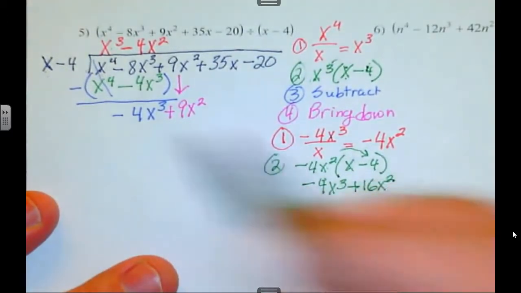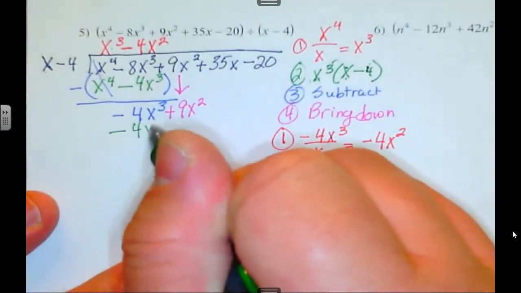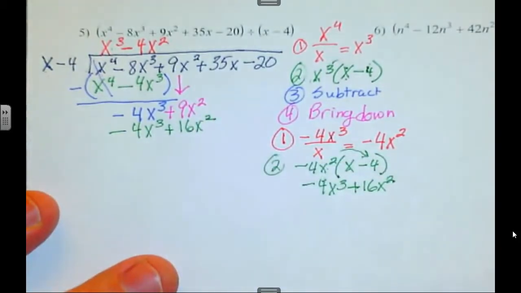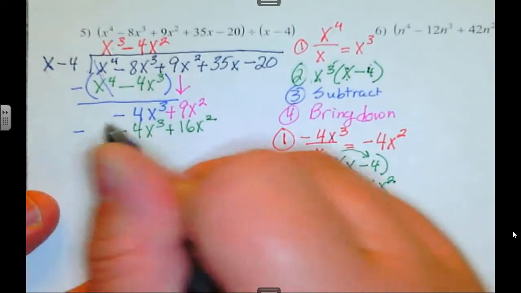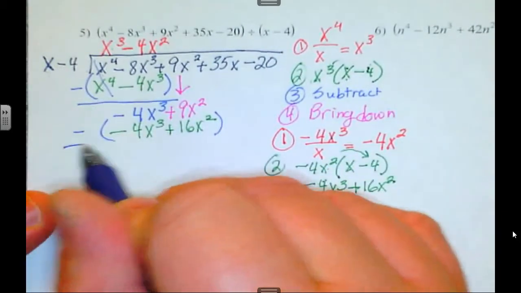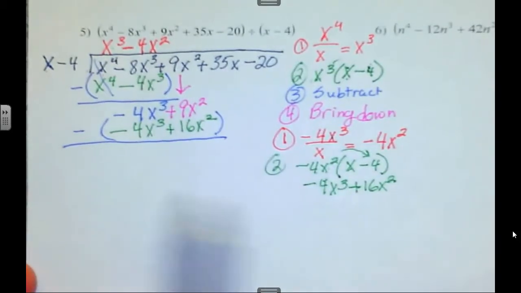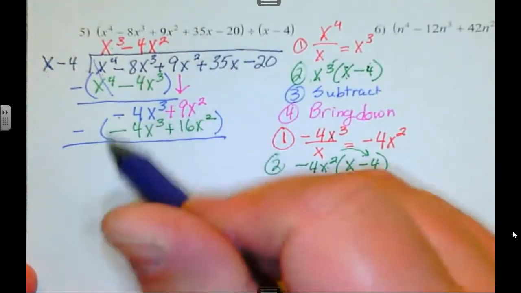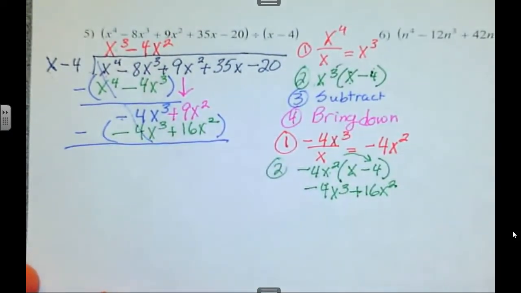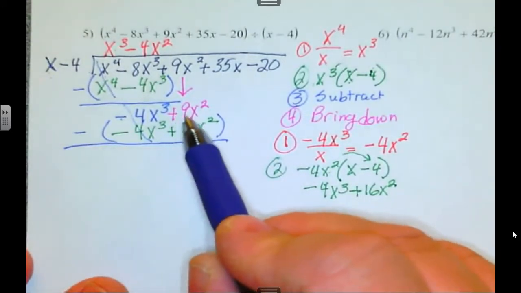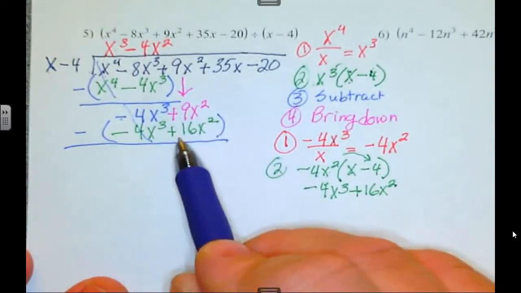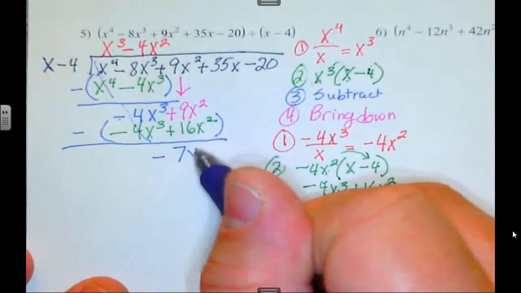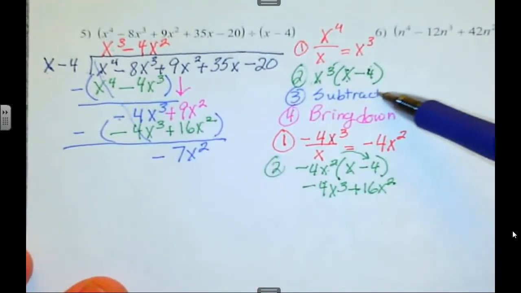And that's what I put here. Then step 3, subtract that quantity. Minus 4x cubed minus a negative 4x cubed. These zero out. Positive 9x squared minus 16x squared. So now I'm going to have a negative 7x squared. Now I got to bring down.